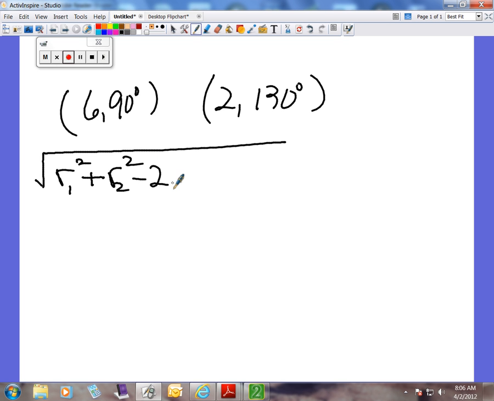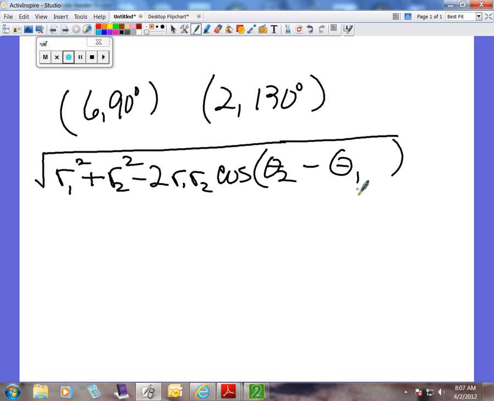Then it's minus 2 times r sub 1, r sub 2 times the cosine, don't say it out loud if you know, of theta sub 2 minus theta sub 1. Now you do know the first coordinates are the r sub 1, theta sub 1, right? This is your r sub 1, theta sub 1. This is your r sub 2, theta sub 2. Now all this is plug and chug after this and make sure you get your order of operations right.